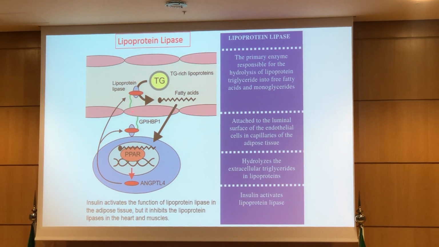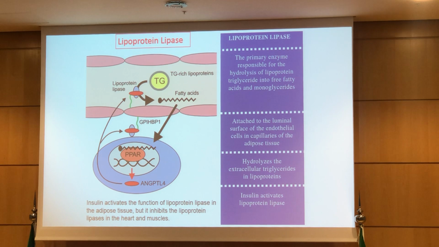And sticking out of the endothelium layer is an enzyme called lipoprotein lipase. That lipoprotein lipase will first break down the triglyceride into the fatty acids and the glycerol, and those will then be absorbed individually through the endothelium and then into the adipose tissue.